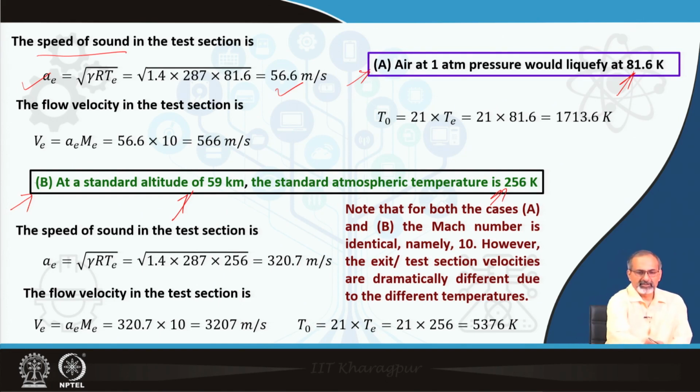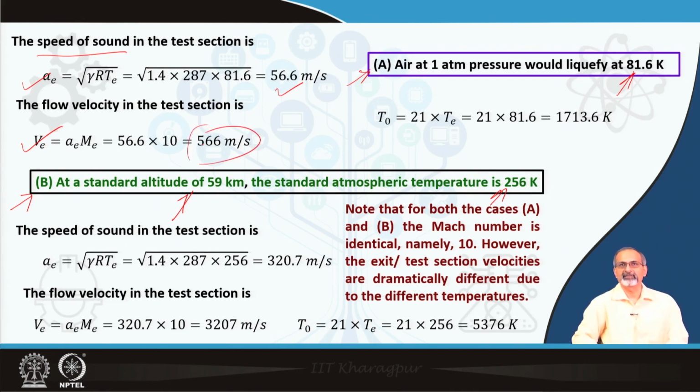And based on this very small sonic speed, the velocity at Mach 10 comes out to be 566 meters per second, which would barely be about 1.5 or a little more than that at sea level conditions in terms of Mach number. But just because the temperature has fallen to such low values, you see a significantly high Mach number being attained with 566 meters per second velocity.